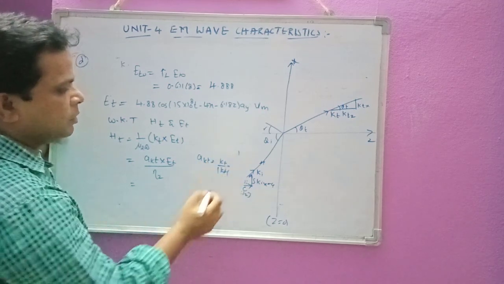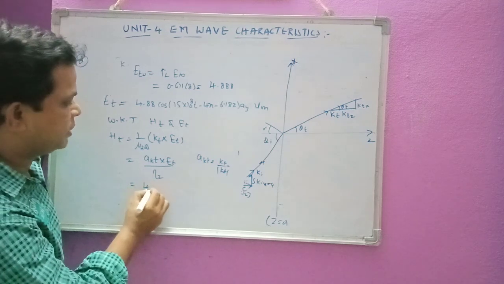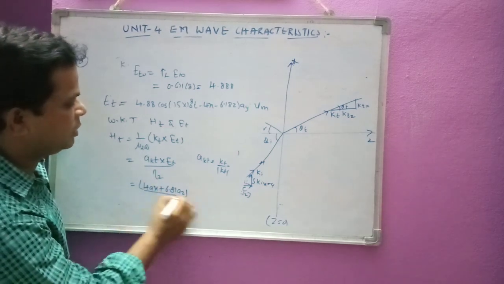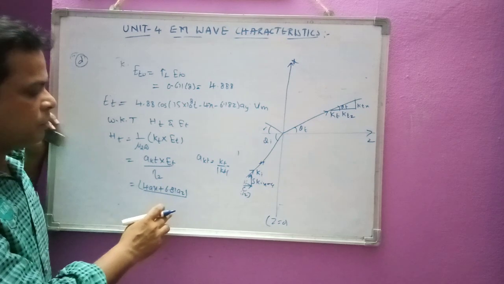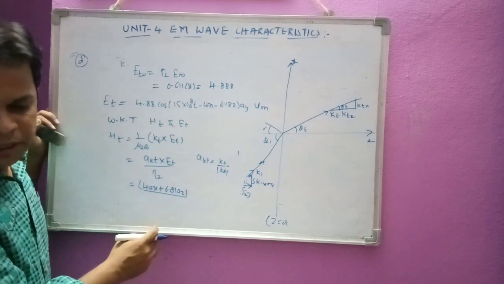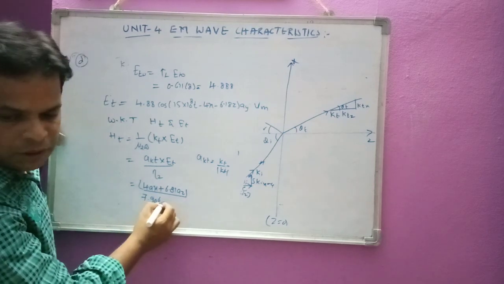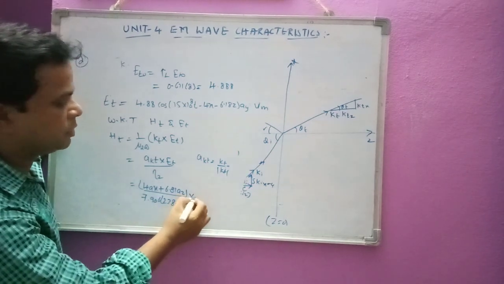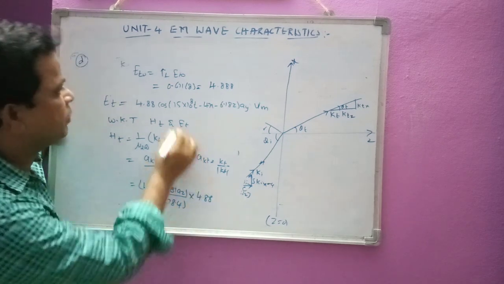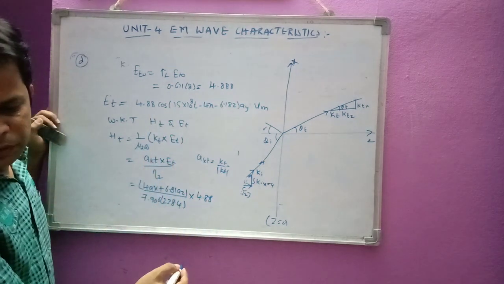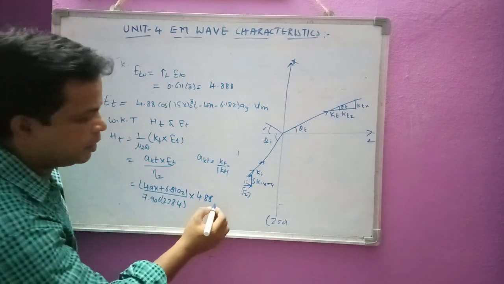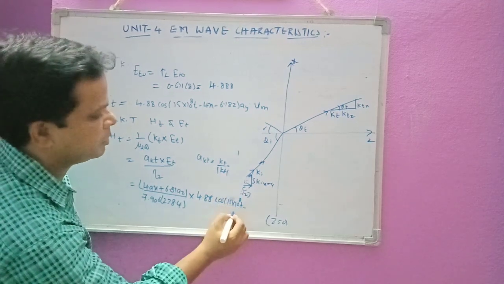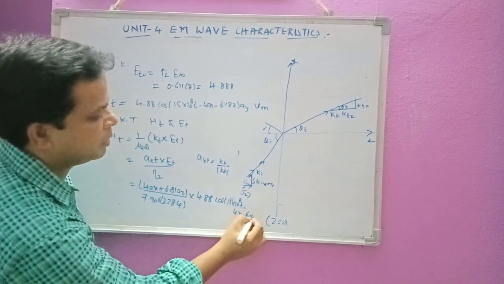So already we have got this one, that is 4 ax plus 6.18 az, divided by the modulus, which is the square root of 4 squared plus 6.18 squared, turning out to be 7.906, into 1 by eta 2, which we already have as 238.4, into the cross product with 4.88 cos of omega t, that is 15 into 10 to the power of 8 t minus 4x minus 6.18 z, into ay.